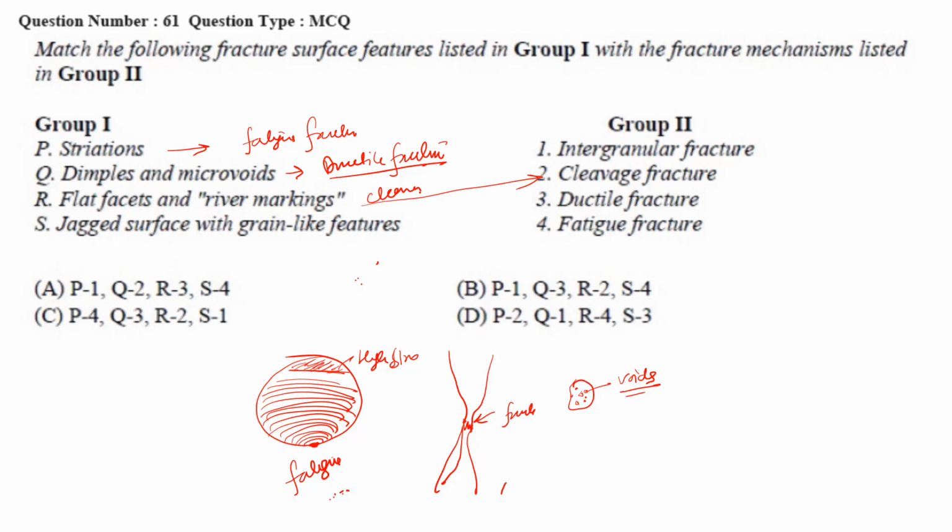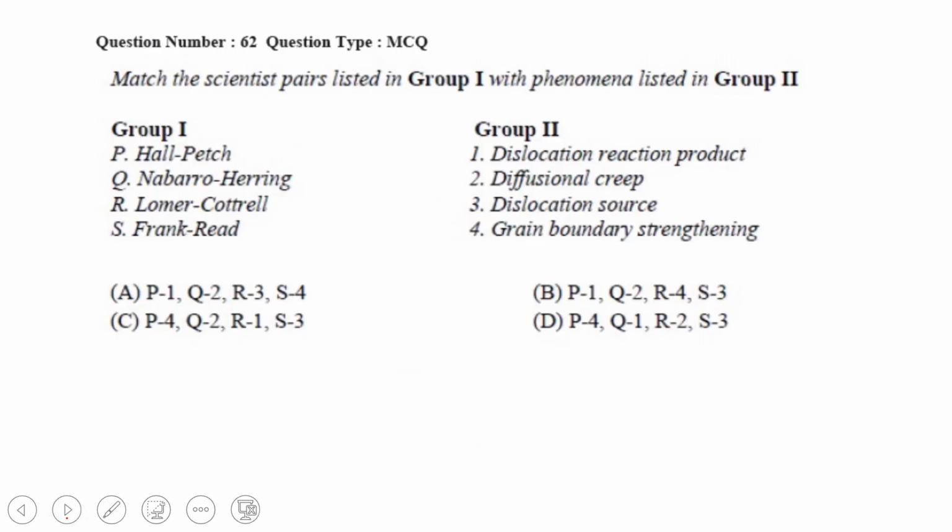The jagged surface with grain-like feature is formed in the case of intergranular fracture. So Q will match with 3 and P will match with 4. So what is the correct option? P matches with 4, Q matches with 3, R matches with 2, and S matches with 1. Okay, so option C. Next question.